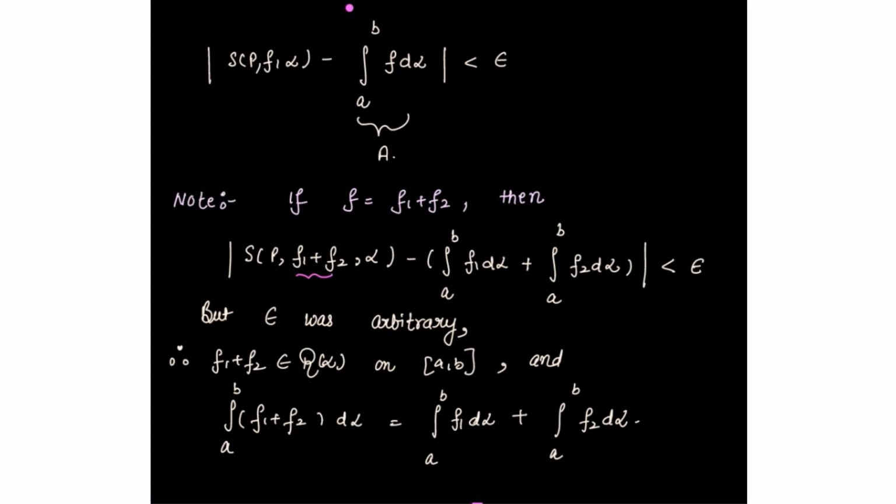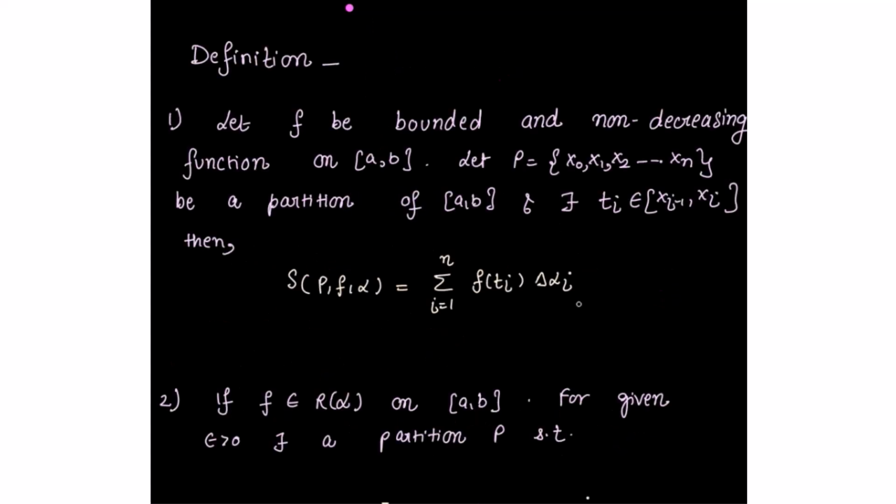Which means, if I am required to prove this result, then in the proof I have to reach this. So for reaching this, I'm going to use this result and this result from the very start.